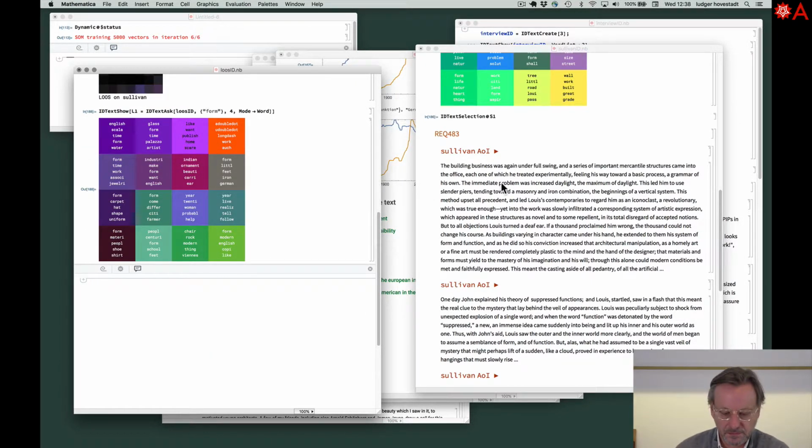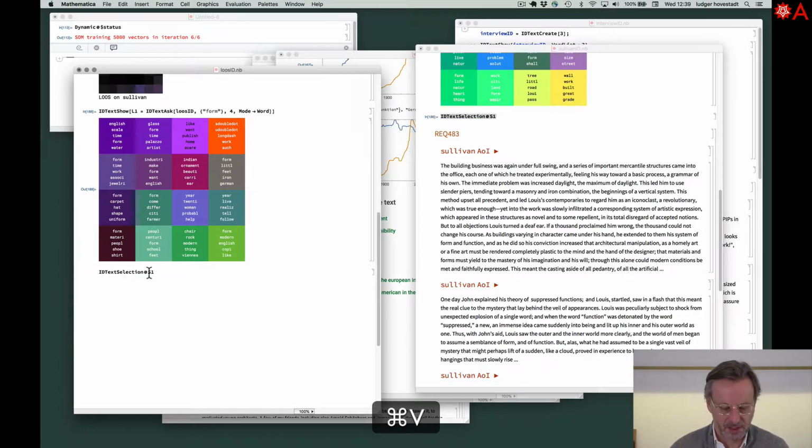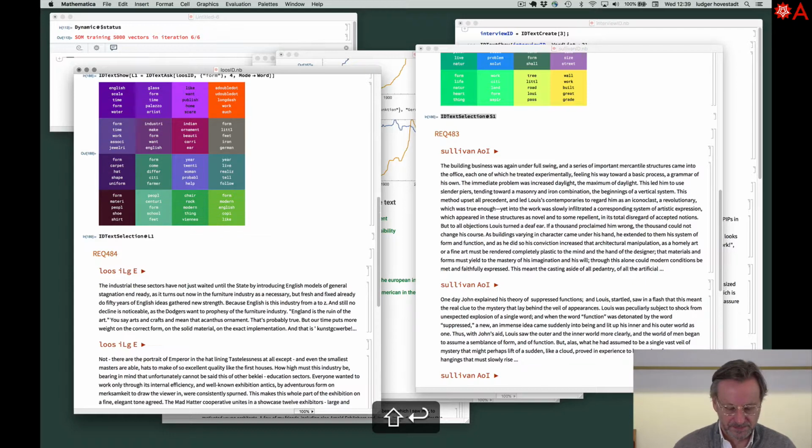And we can make form 1 to English, so Loos 1.